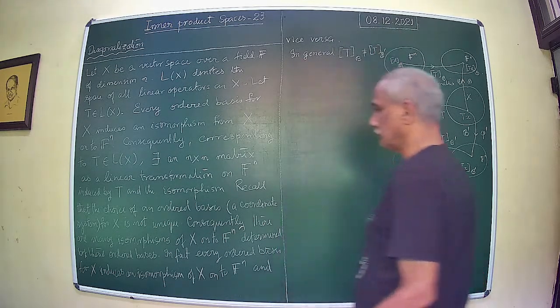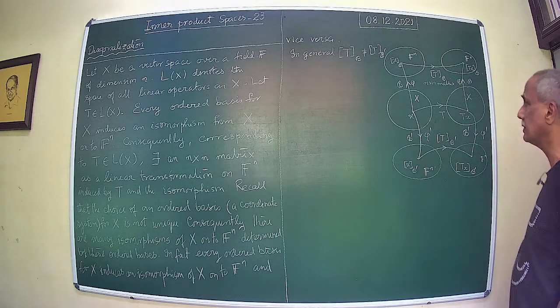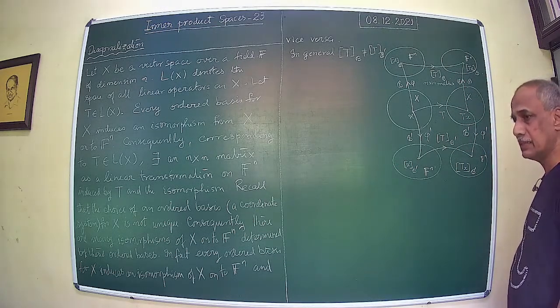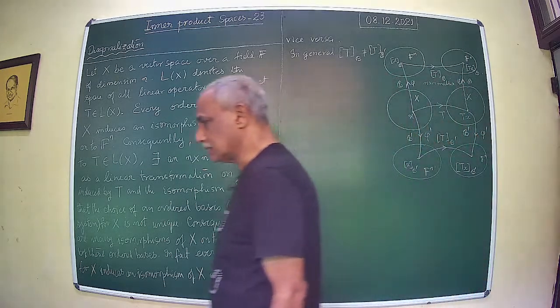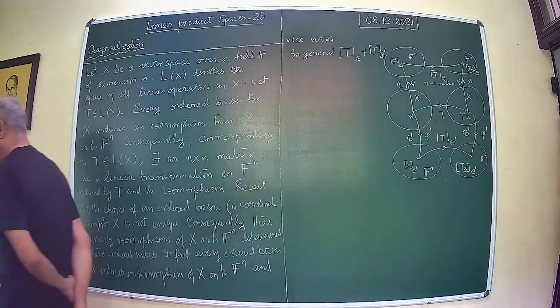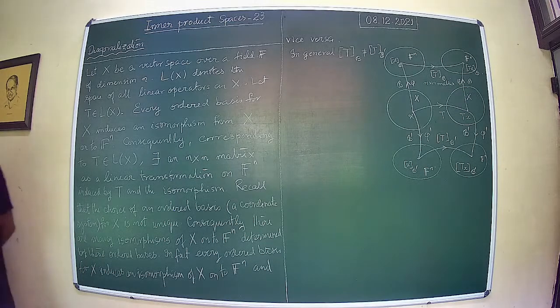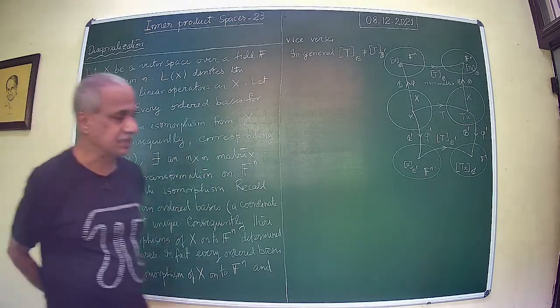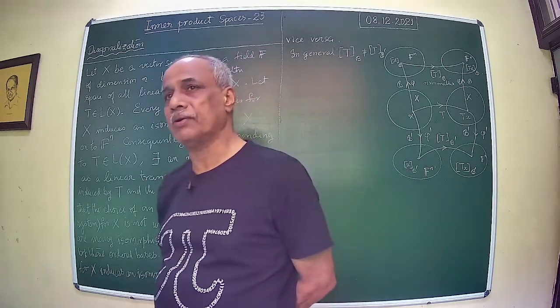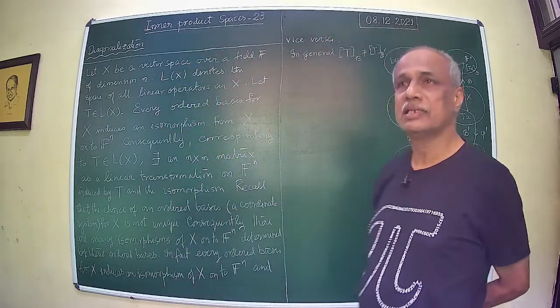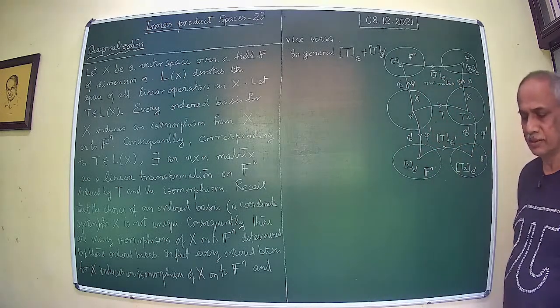Except in some specific cases, one or two situations where they are the same is when we consider the zero operator. In that case, irrespective of what ordered basis you choose, it is the zero matrix that represents it.